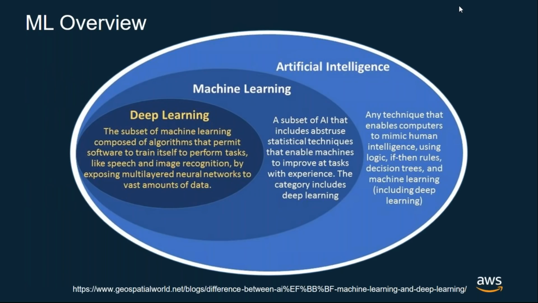So first off, as a level setter for the machine learning and artificial intelligence space, one of the biggest challenges is that the terms AI, machine learning, and deep learning are often used interchangeably. In some ways they are the same thing, and in other ways they're different. And so we like to start with this level setting of how the terms are actually related if you look at the true definitions.